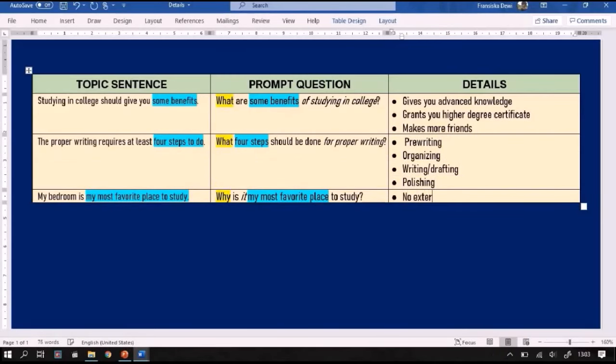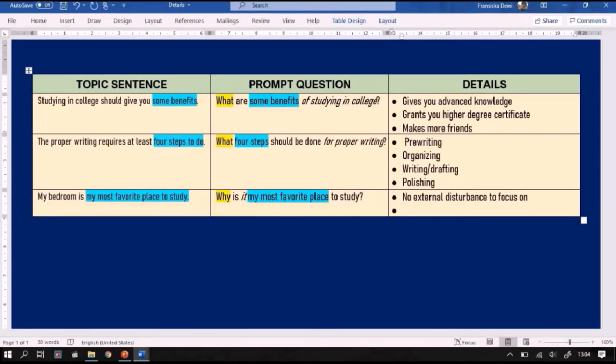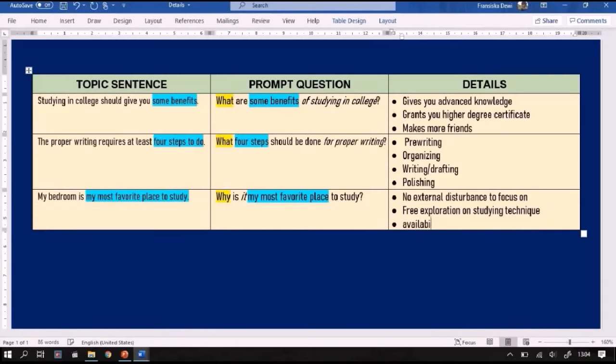Here are the details. As you can see, the details here are in the form of words and phrases, not in the form of full sentences. So here are the details from each of the topic sentences based on the prompt questions. For the first topic sentence, I give you 3 details.